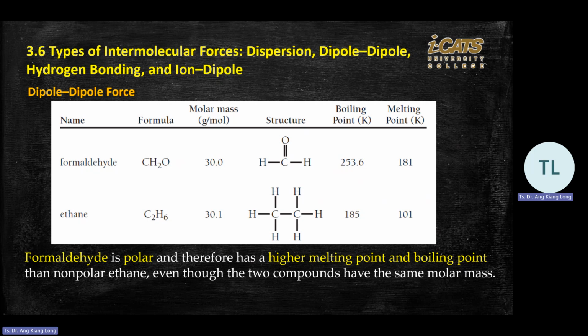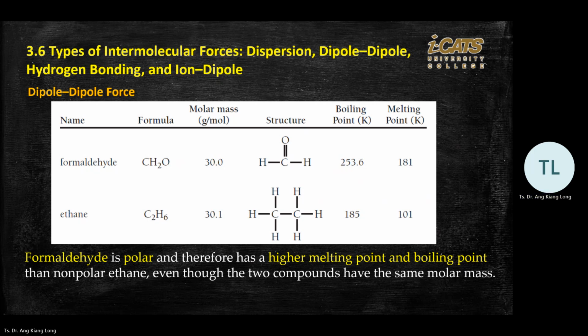So in the test or final exam, you will see 4 or 5 elements that have the same molar mass. Then you need to argue your answer: why one element has a higher boiling point than another based on polarity, one element is polar, one element is non-polar, and so on. You need to argue based on their polarity.